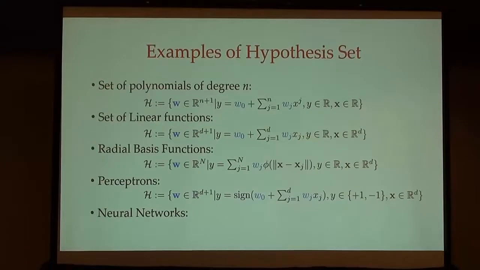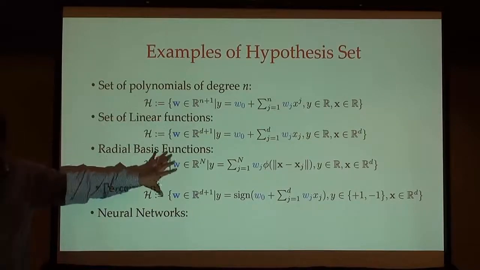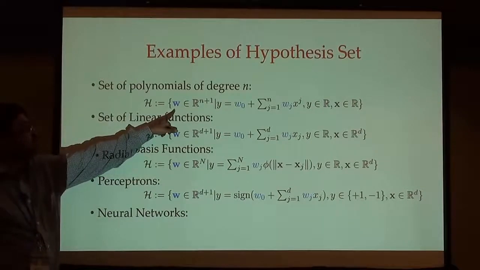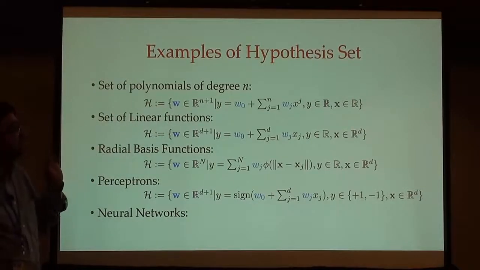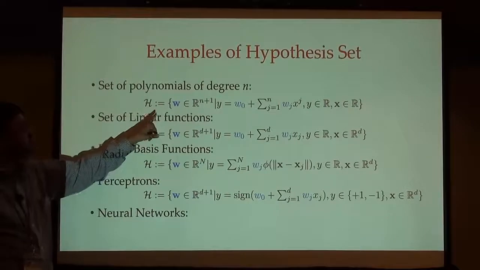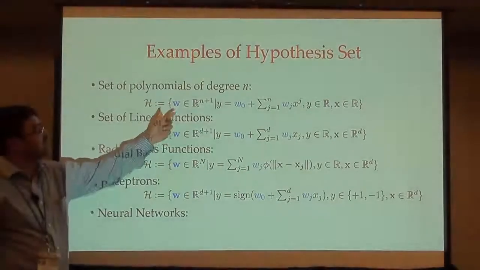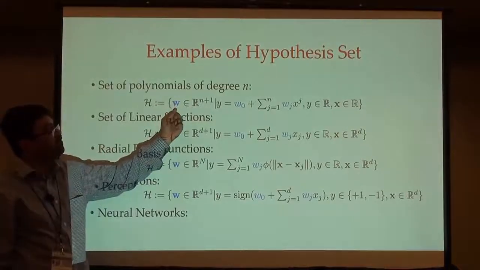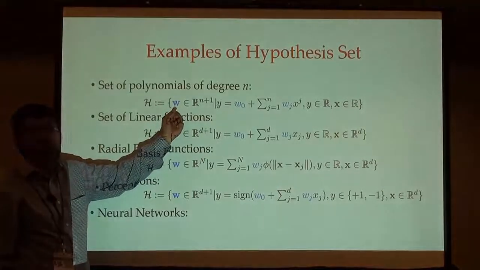Here I have listed some of these hypothesis sets, and the key thing I want to highlight, which is in blue, is how I have written these hypothesis sets. I have written these functions in terms of the weights. I have written the polynomials as the coefficients of the polynomials.